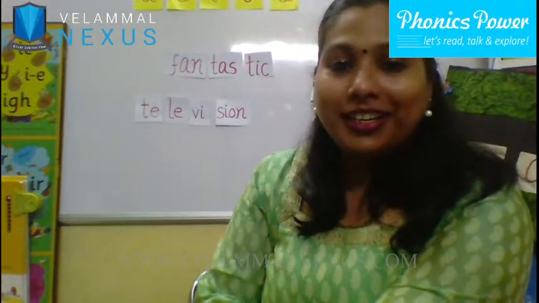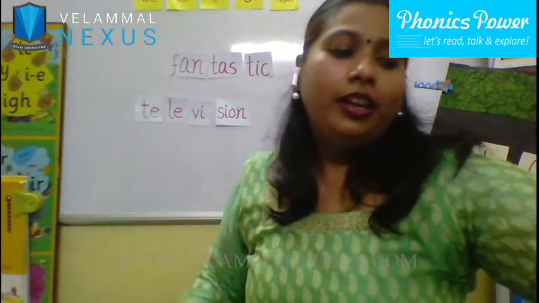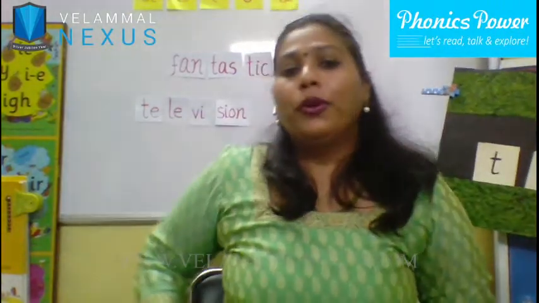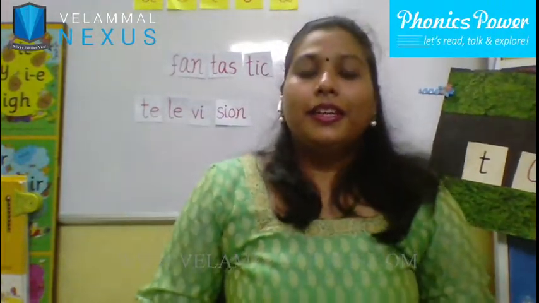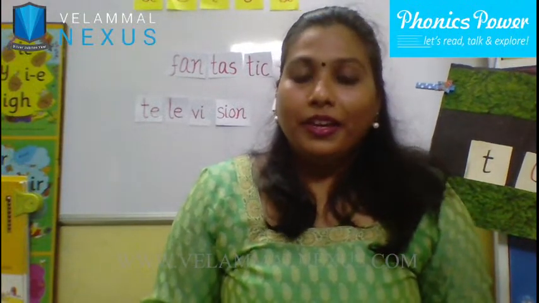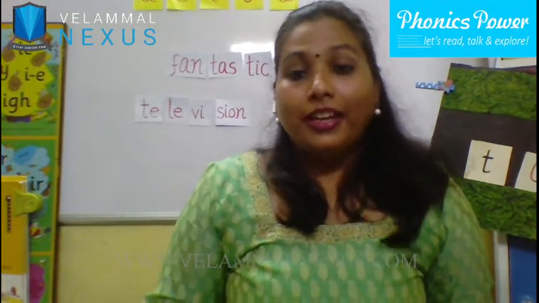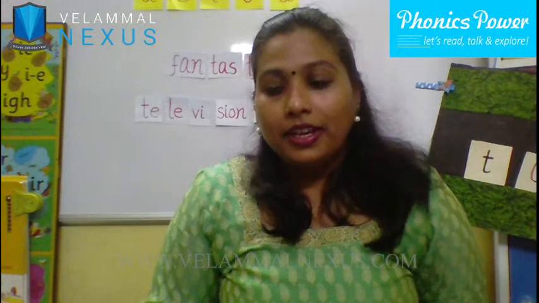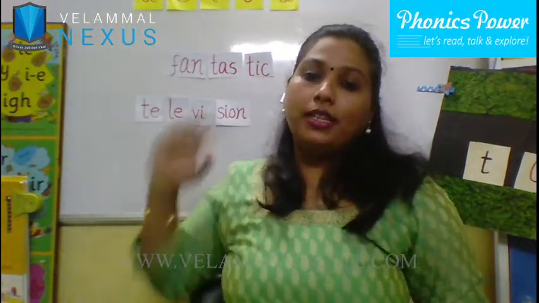Okay, we got it. So isn't it simple? So all you need is some cards and a marker to make your children understand the syllable concept. And this is called the jumbled syllable technique.